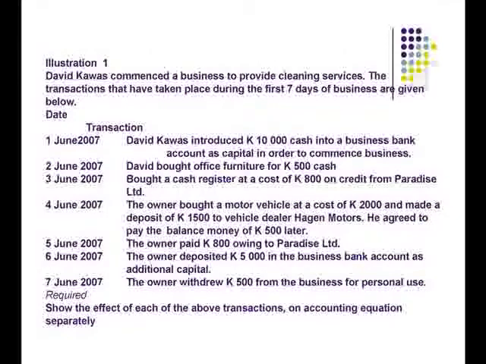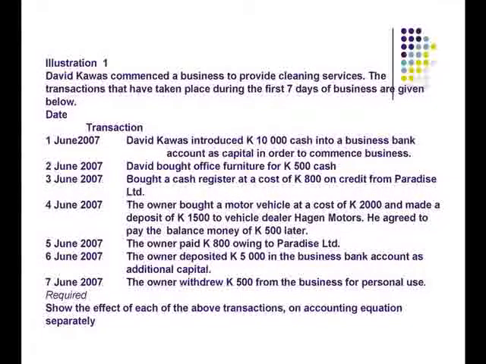Then, the following day, he went and purchased a motor vehicle for 2,000 kina, and immediately he deposited 1,500 kina to the vehicle dealer, Hagen Motors, and he agreed to pay the balance money, that is 500 kina, later.